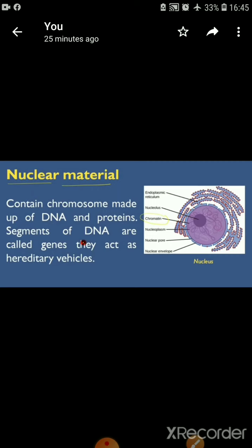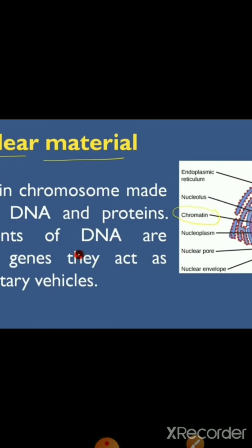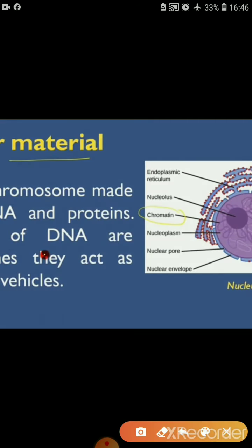Next we will study the nuclear material. It contains chromosomes made up of DNA and proteins. Already we have talked about chromatin. What is chromatin? It is the nuclear material, isn't it? And how does it look? It looks like a thread-like structure, as you are able to see.